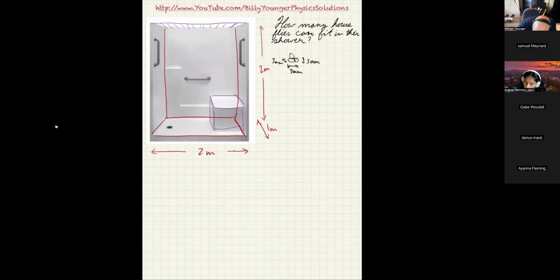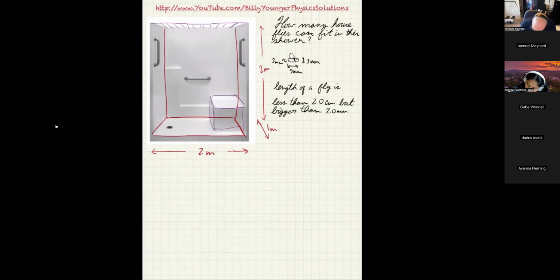So what I could do is say the length of a fly is less than 2.0 centimeters, but bigger than, maybe I'd say, 2 millimeters.